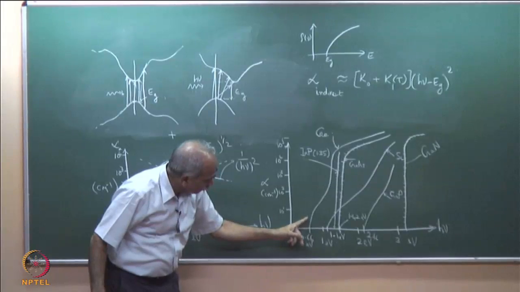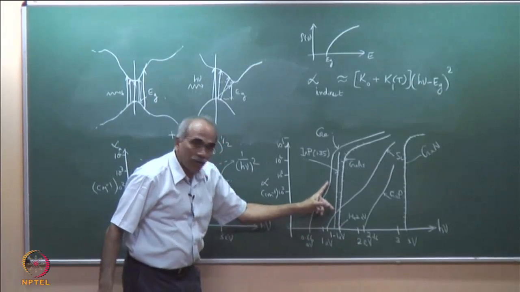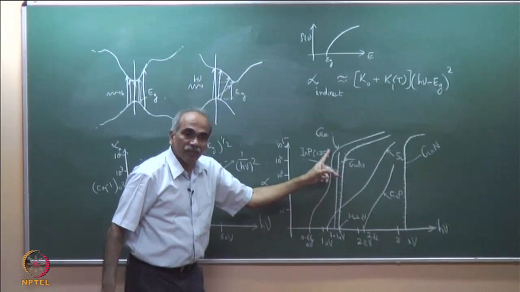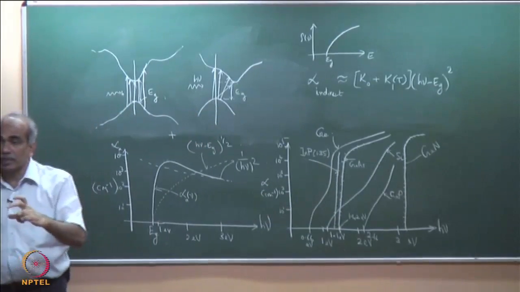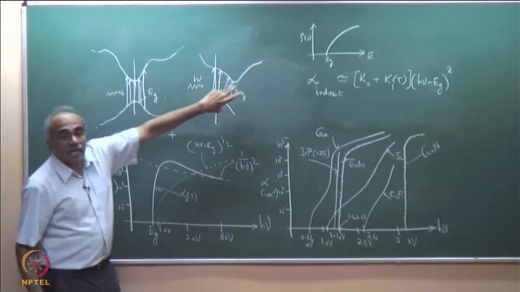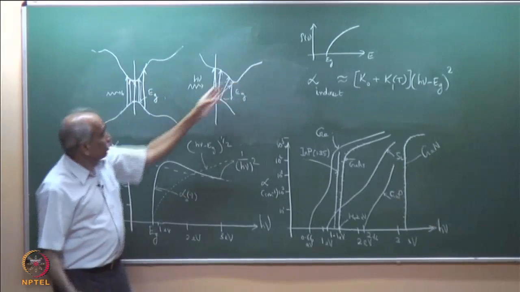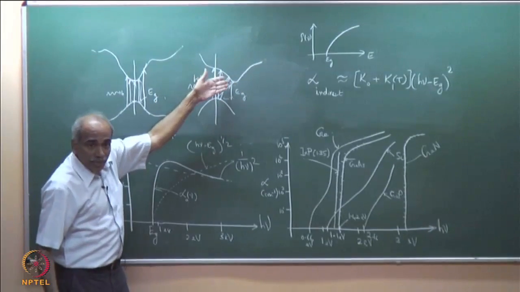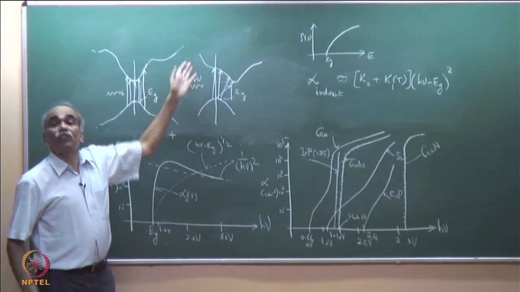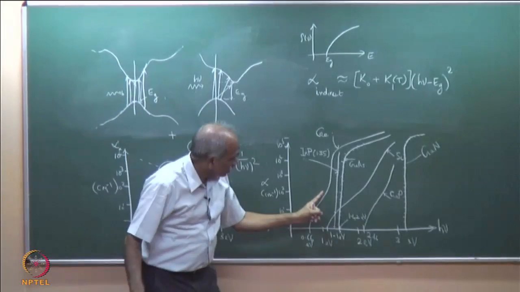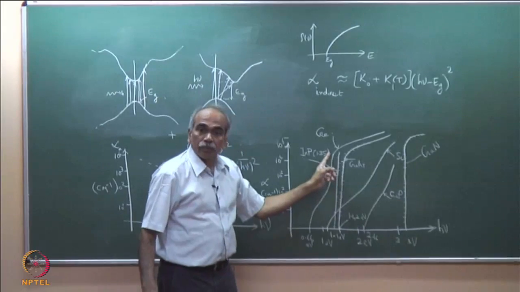That is why you see germanium afterwards, again it does this rapid increase, because now vertical transitions can also take place. Band gap is the minimum energy. So, if you have photons incident with higher energy, they can cause vertical transitions which are highly probable, and therefore, the absorption coefficient shoots up.